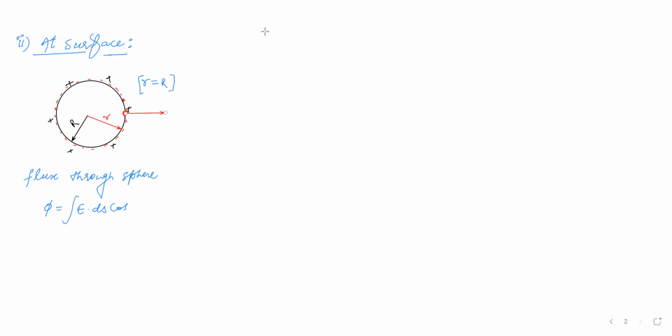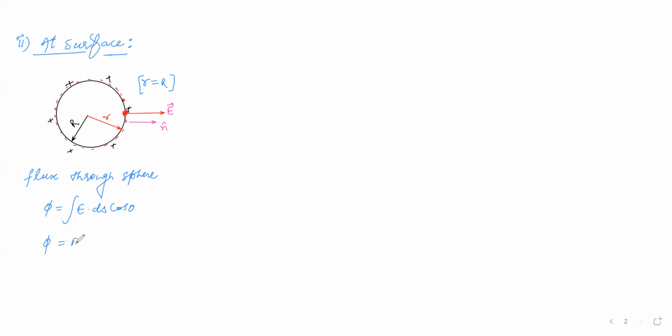Area vector is along this direction. Hence, the angle between the electric field and area vector is 0. So we consider cos 0 degree, which is 1.